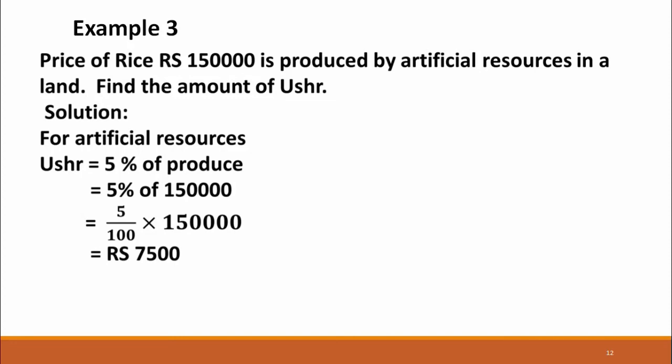So the Ushr amount is 5% of 1,50,000, meaning 5 divided by 100 multiplied by 1,50,000. After simplification, we obtain 7,500 rupees as the amount of Ushr when the land produces 1,50,000 rupees of products and is irrigated by artificial resources.